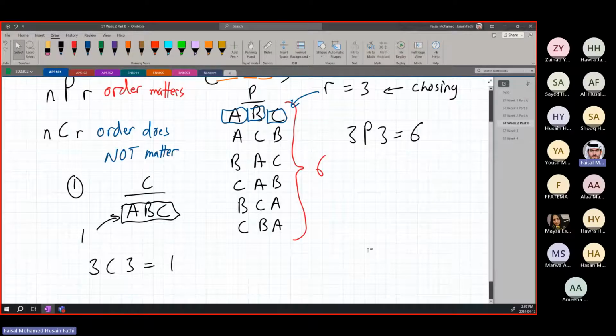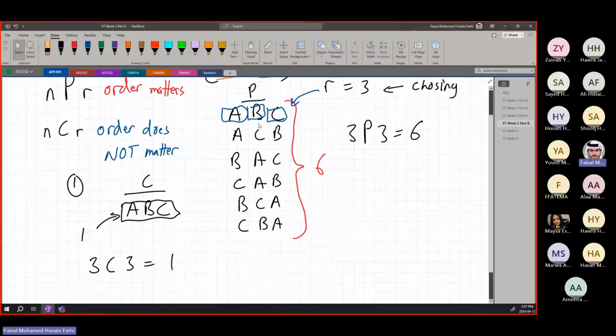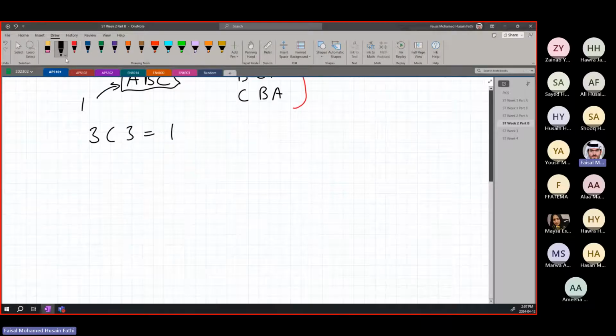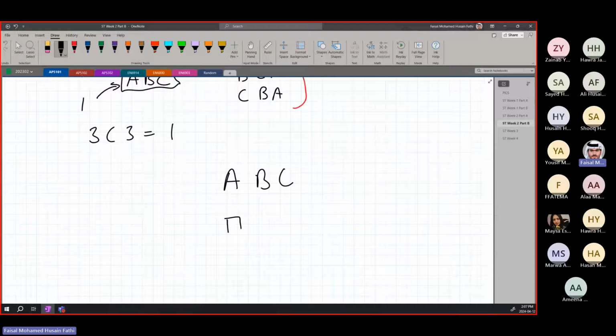All right. Let's take another example, the same example, with the same A, B, C, but we only have 2 boxes, 2 choices. So if we're looking at combination, first let's look at our N and our R. N is still equal to 3.